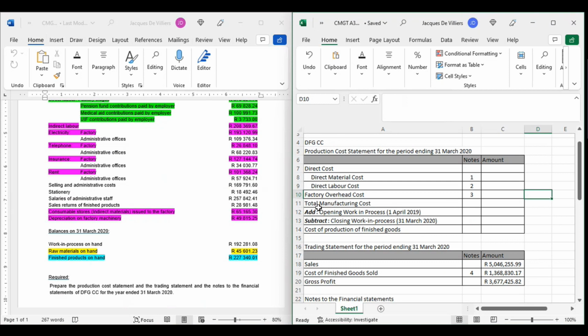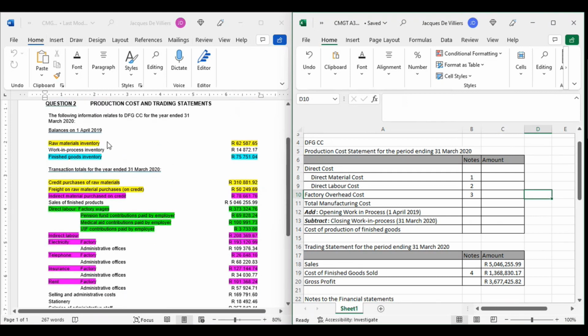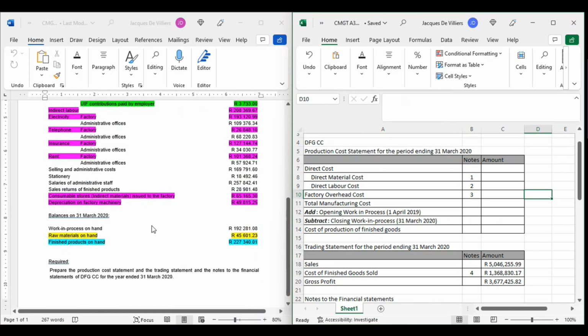Then you are going to get your total manufacturing cost. And then you are going to add your opening work in process balance, and you're going to subtract your closing. Because if you have your opening and your closing, you kind of know what happened during the year. Well, if you know what happened during the year, then you will be able to calculate your cost of production of the finished goods. Okay.